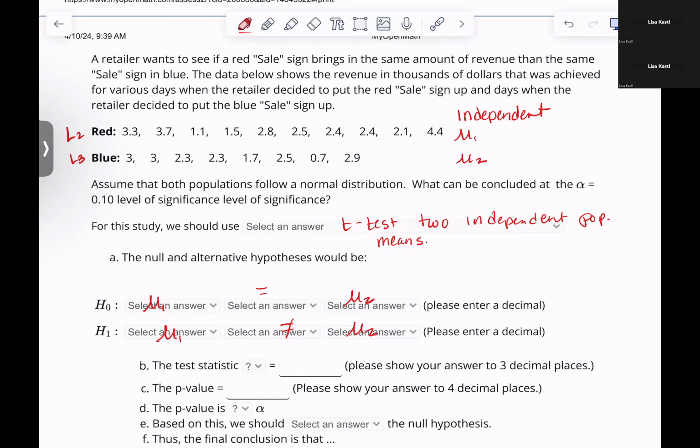Have you got that data in yet? You do have to have it in two separate lists because you're checking two independent population means. So we're going to be using stat tests, two-sample t-test, with our data.